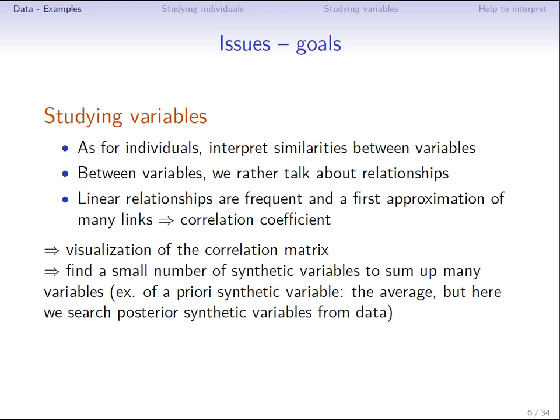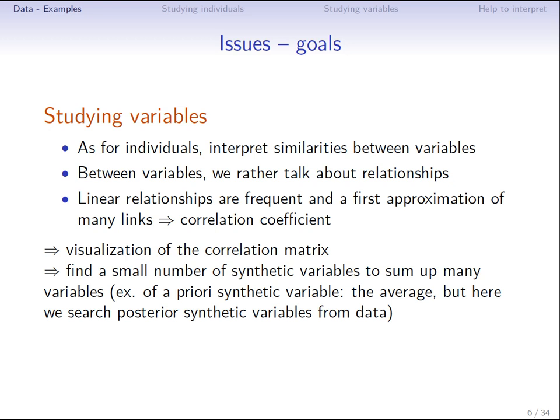More complex links also exist, such as quadratic relationships, logarithmic, exponential functions, and so forth, but they are not studied in PCA. This may seem restrictive, but in practice, many relationships can be considered linear, at least for an initial approximation.